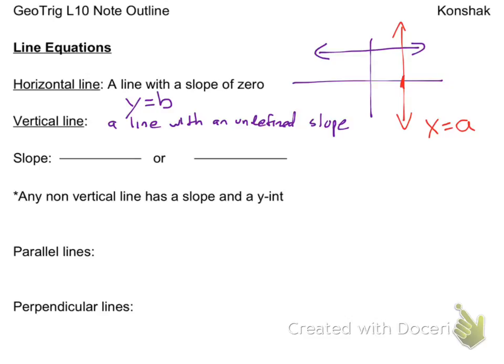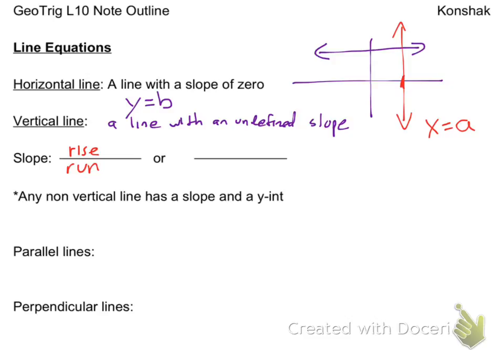It's kind of nice with those. Who remembers what slope is? Slope is rise over run. That's the simplistic way that we've talked about it or learned about it. Now we also learned another way to find slope, because rise over run works really well if I'm given a graph and I can count up and over.